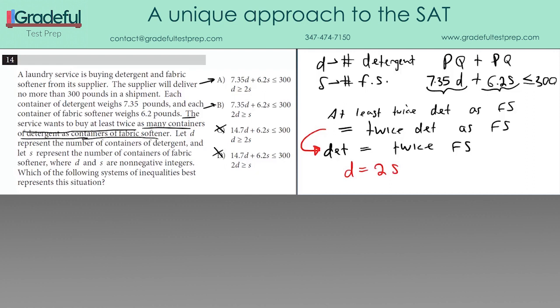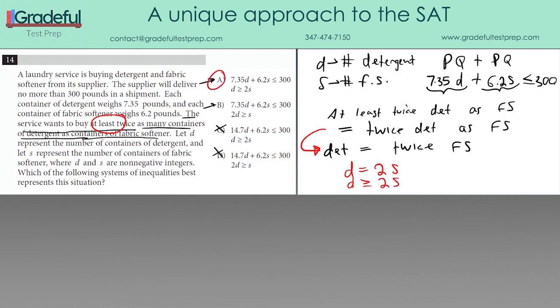But the detergent is not equal to twice the amount of fabric softener. The detergent is at least twice the amount of fabric softener. So it could be equal to twice the fabric softener, or it could be greater than twice the fabric softener. So that is, the detergent is greater than or equal to twice the fabric softener. And that brings us to answer choice A for number 14.